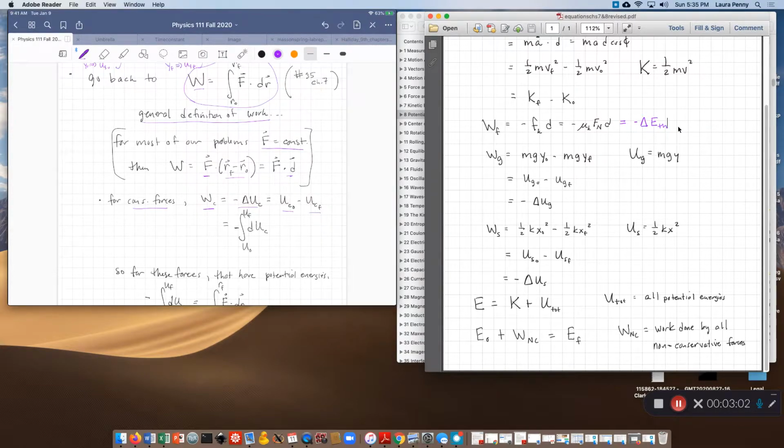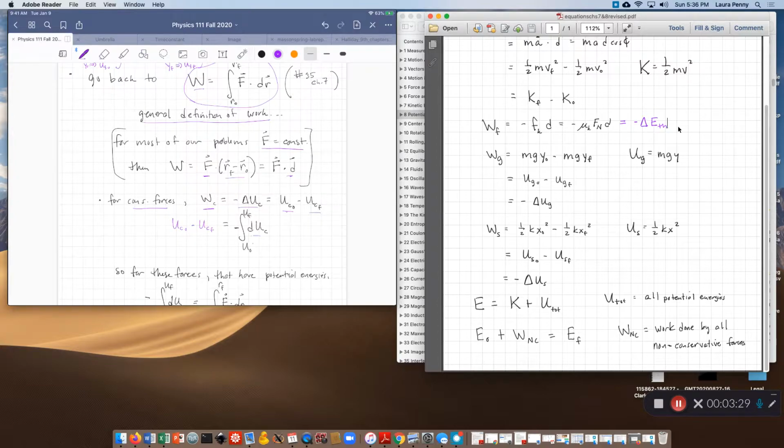A very complicated way of writing that is this integral. It's the integral of dU from Uf to U initial, but it's negative, and so that would give me the initial minus the final. Again, this is Uc initial minus Uc final is equal to this integral.